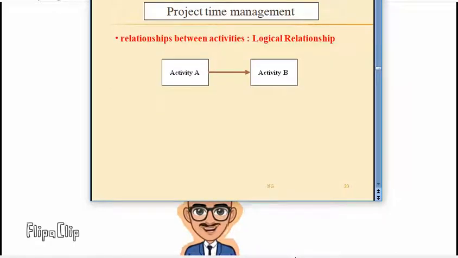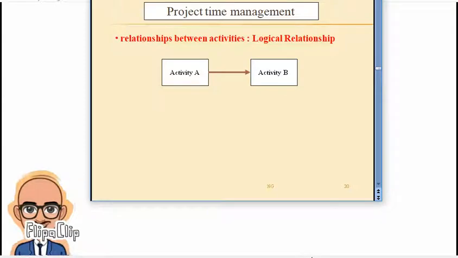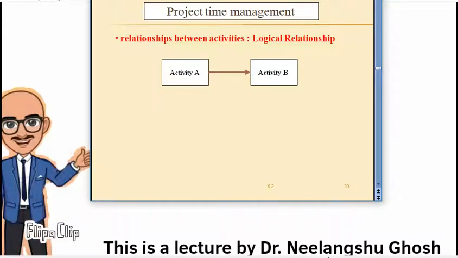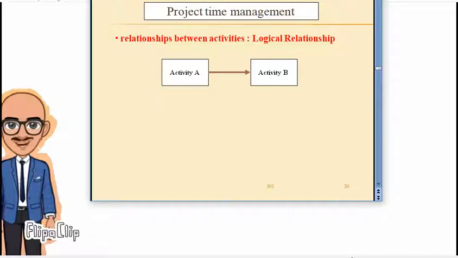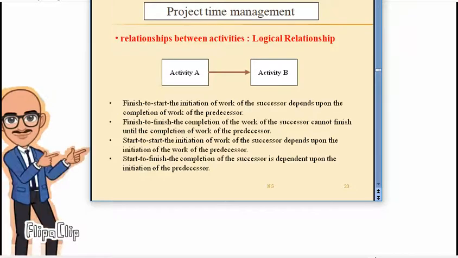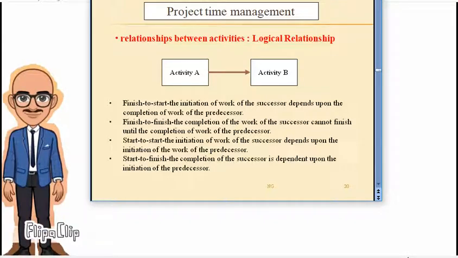And as we are saying, there are different ways of showing which activity is related to what activity. So this particular diagram shows how activity B is related to activity A. It means that unless activity A is completed, activity B cannot be completed. So finish to start: the initiation of work of the successor depends upon the completion of the work of the predecessor.